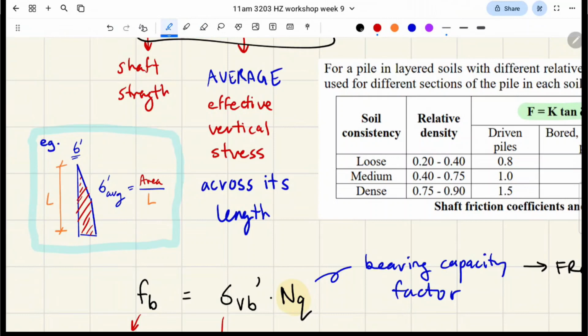Say your stress distribution looks something like this. It's going to be that area divided by the length, okay? I'm someone who loves to avoid integration wherever possible, and so this is my cheetah formula. You calculate the area of that shape separately and divide it by its length, okay?